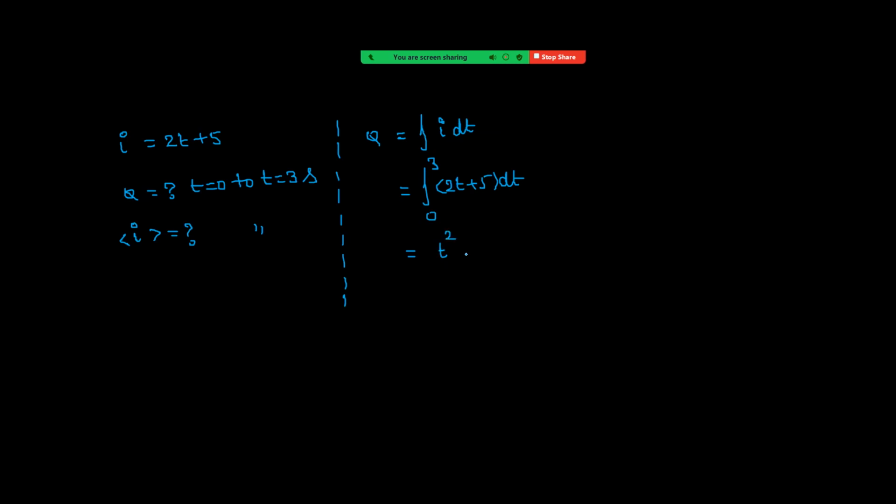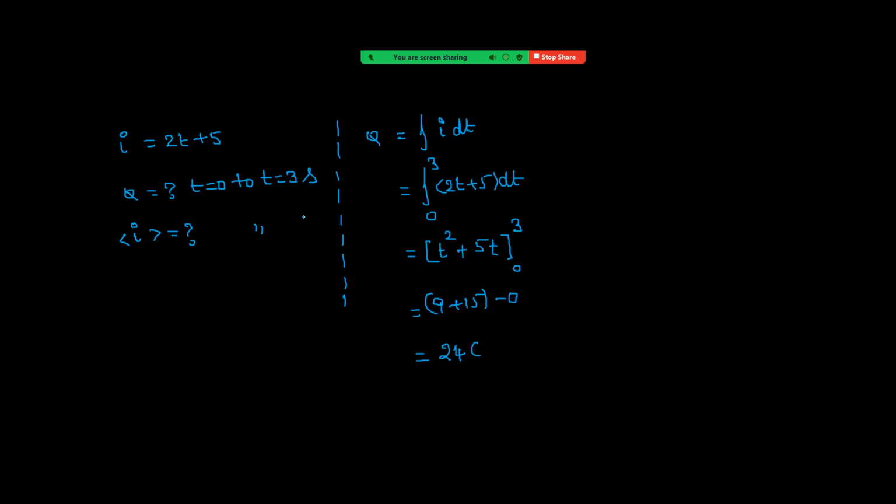Remaining is t square plus 5t. Now take limits 0 to 3. See how much we get. 3 square, 9. 9 plus 3 fives, 15, minus 0. That is 24 coulomb, right? This is the charge flowing in that given time interval.